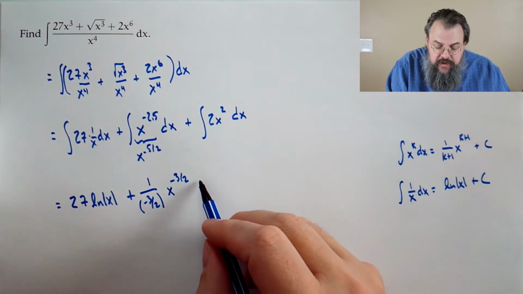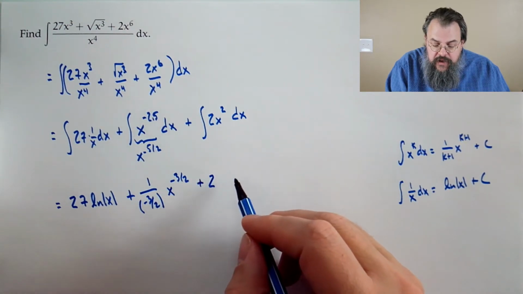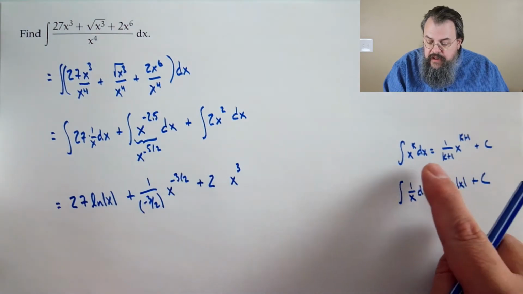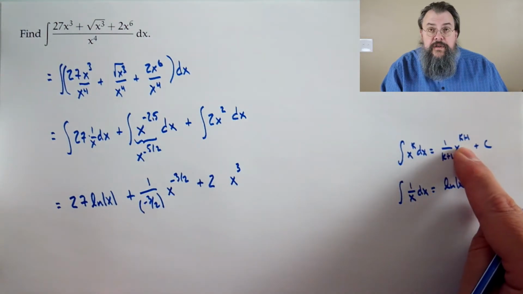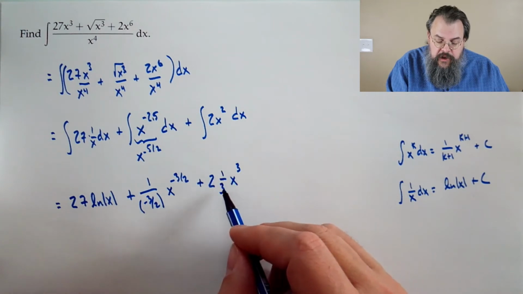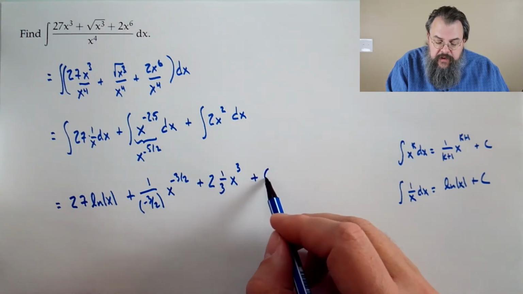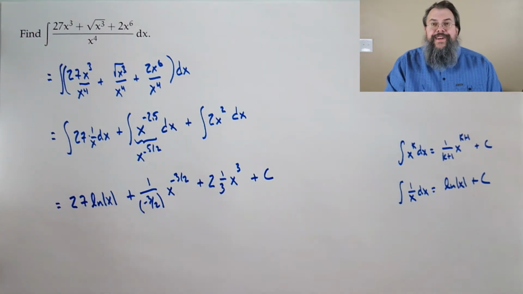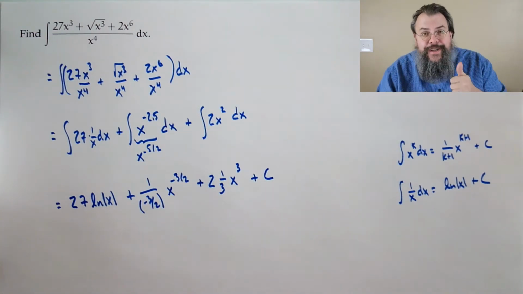And then the last piece here, well, they're 2, all right, x to the third, because you add 1 to the exponent. So if it was 2, it goes to 2 plus 1, which is 3. Divide by that new exponent, 1/3, and plus c. Now you might say, shouldn't we have had 3 plus c's? No. You only need 1.